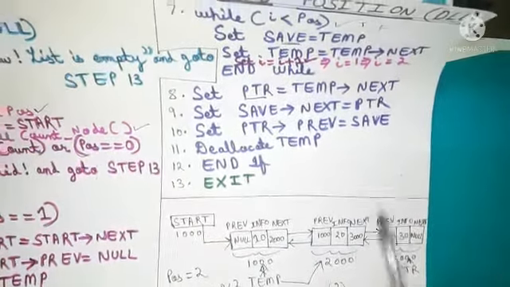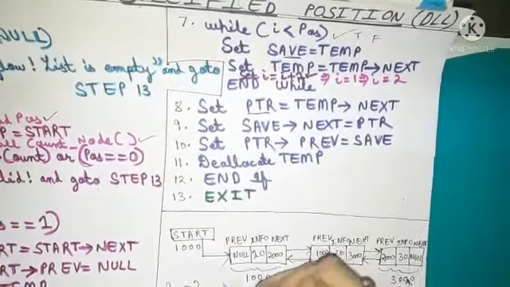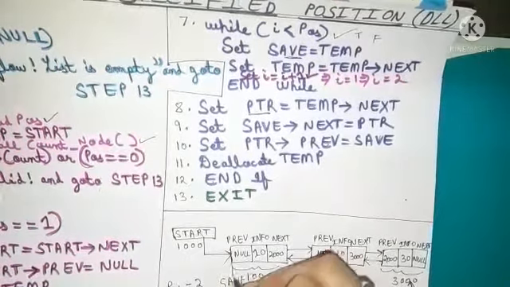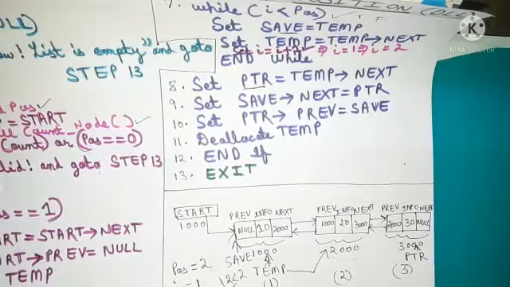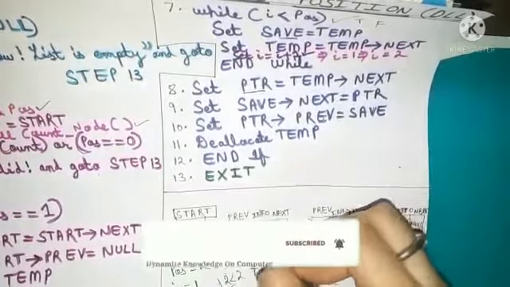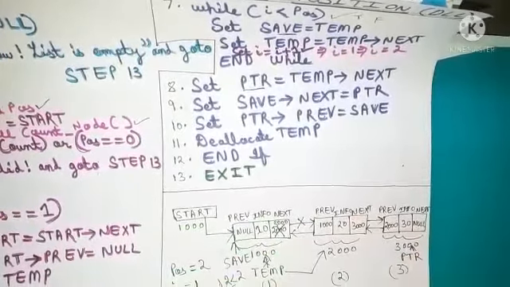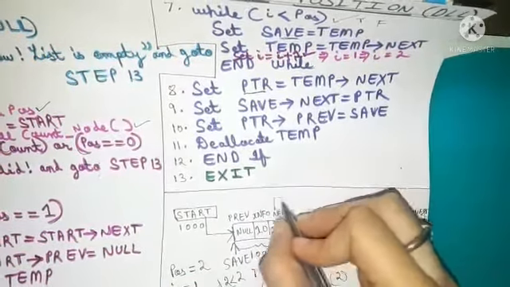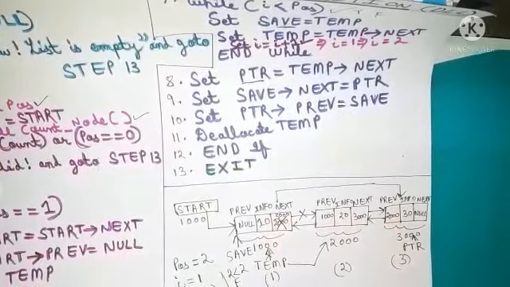Then we will set save next is equal to ptr. Now save is pointing to 1000 and ptr is pointing to 3000. So we will set save next as ptr, that is 3000, and then it will no more point to the node whose address is 2000, and it will point to the node whose address is 3000, that is ptr.